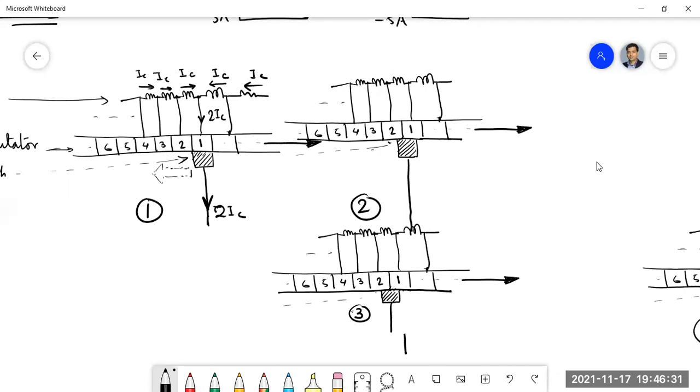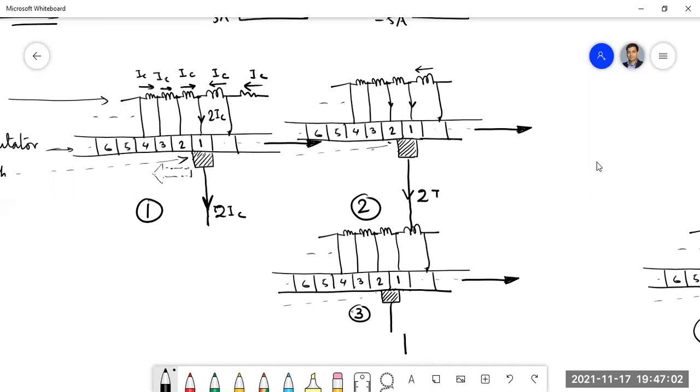Now you see what will happen in the second instant, where there is some contact with segment number 2. We can assume that here the current is IC only. Actually it will be branched out here.